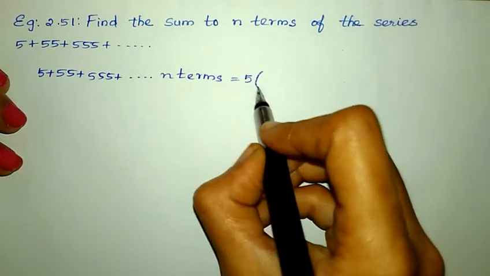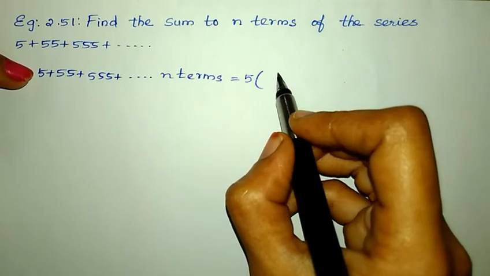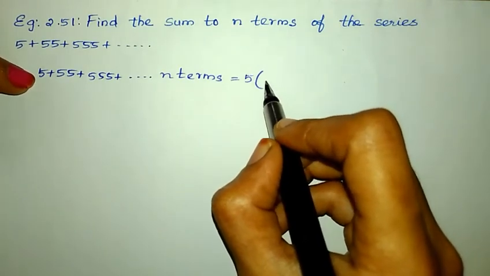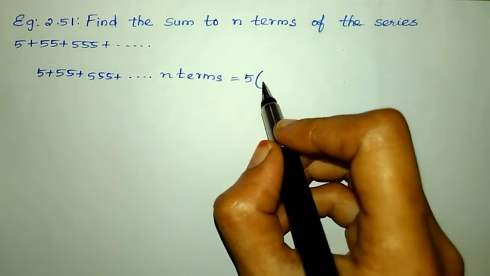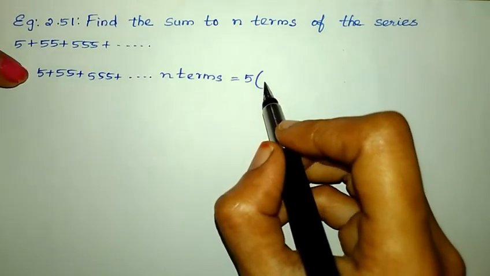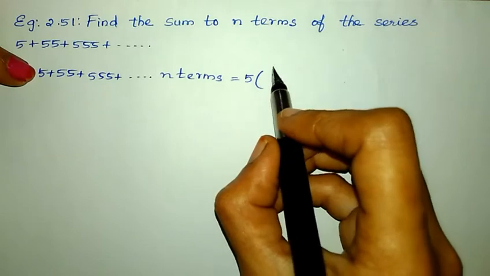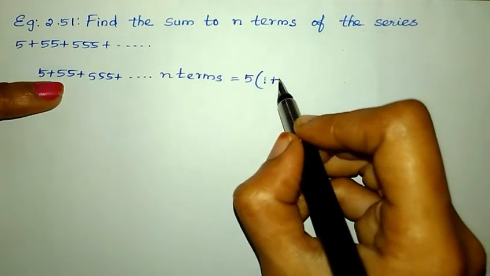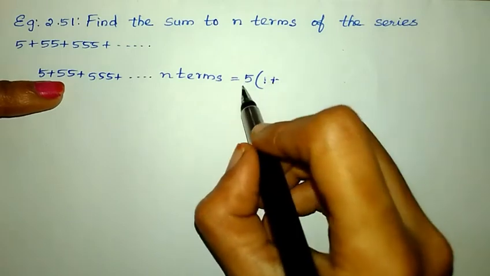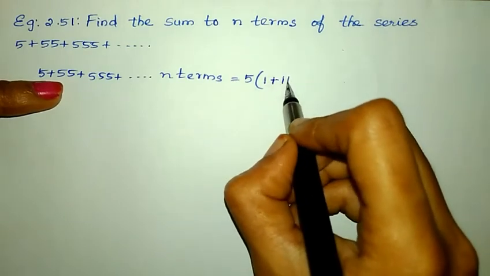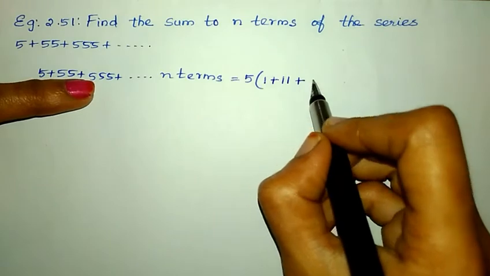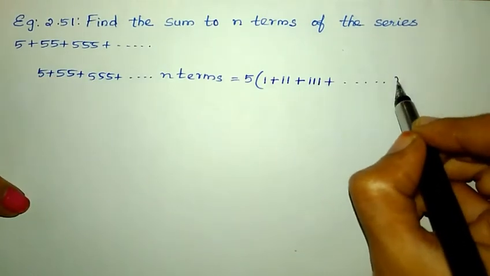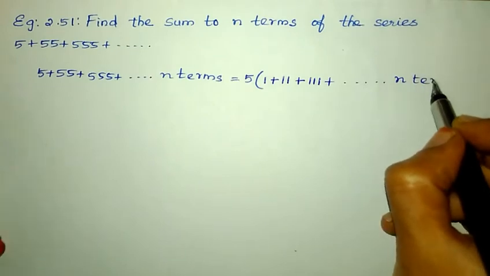So if you take 5 common outside, the remaining is 1 plus 11 plus 111 plus etc. up to n terms.